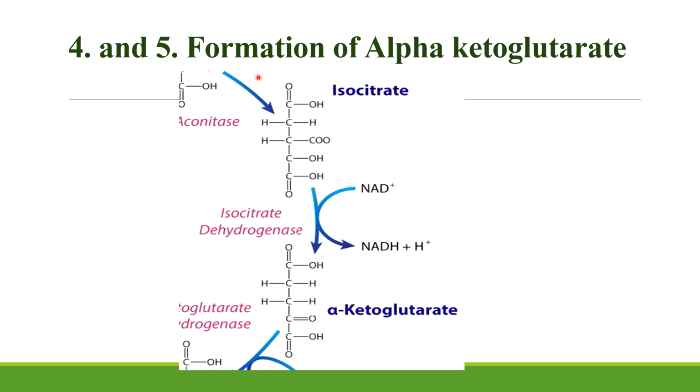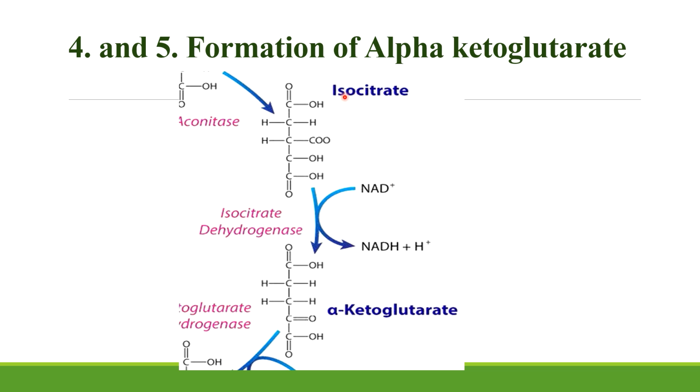Steps 4 and 5 result in the formation of alpha ketoglutarate. The enzyme involved is isocitrate dehydrogenase, and it catalyzes oxidative decarboxylation of isocitrate to alpha ketoglutarate. Here again it is a two-step process. An intermediate is produced, which is oxalosuccinate.